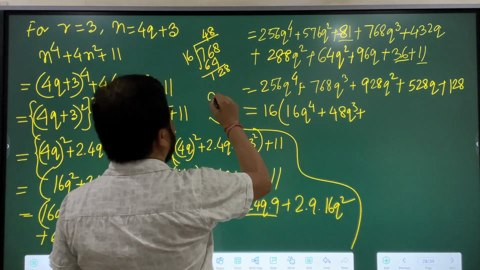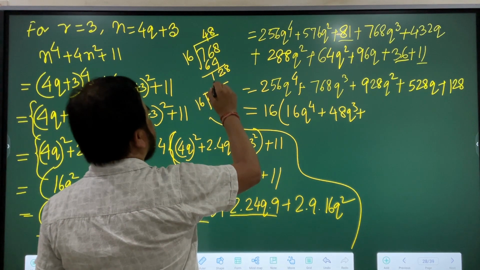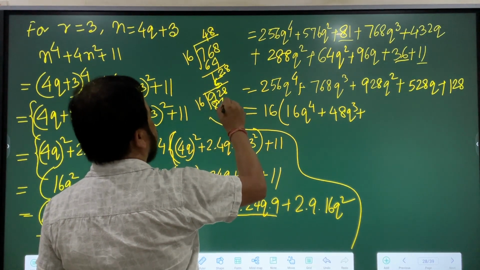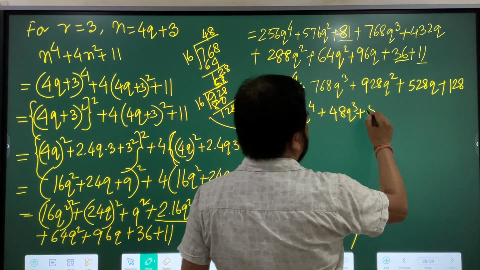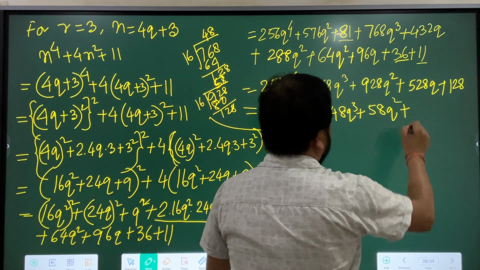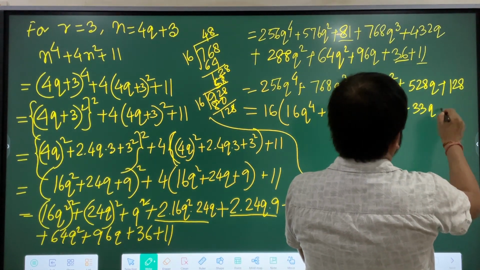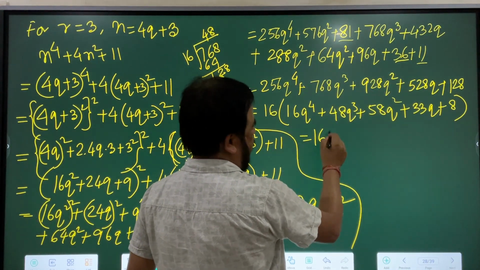Then 928 if we divide by 16: 5 sixteens are 80, 128, 58. 58 q square plus 33q plus 8. So 16k.